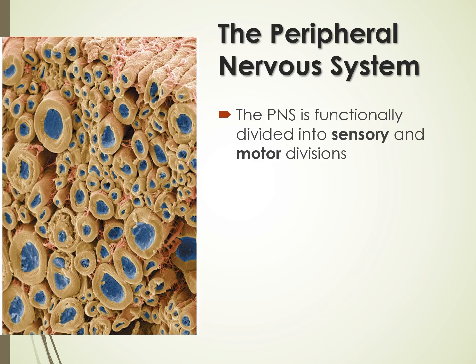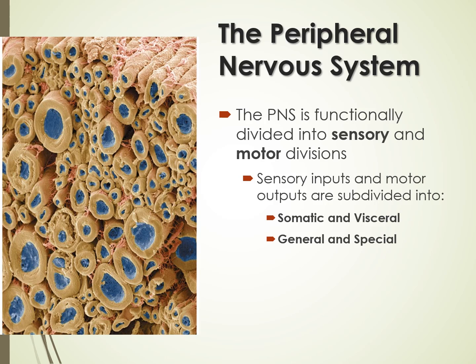So this should be a little bit of review. The organization of the peripheral nervous system: we know that it's functionally divided into sensory and motor divisions, right? So we have sensory inputs and motor outputs. These can even be subdivided into somatic, meaning kind of outside, and visceral, meaning inside.